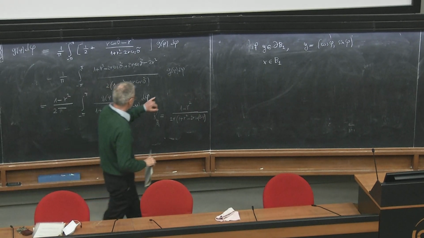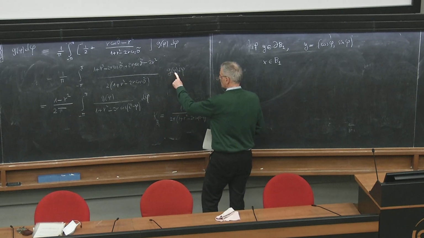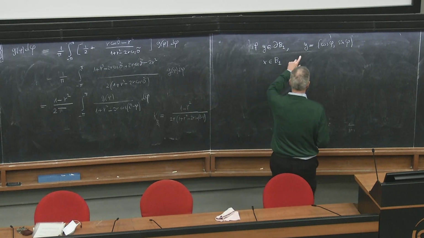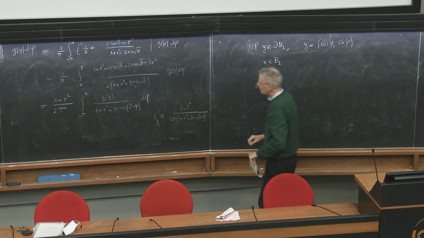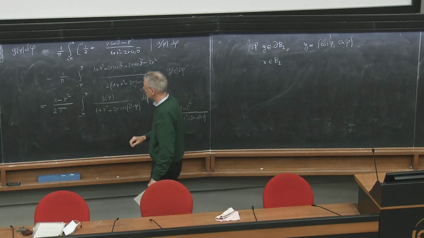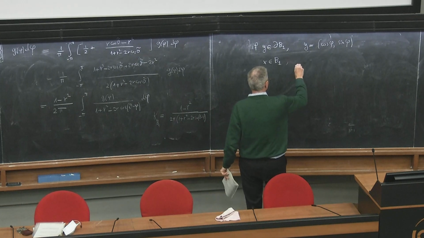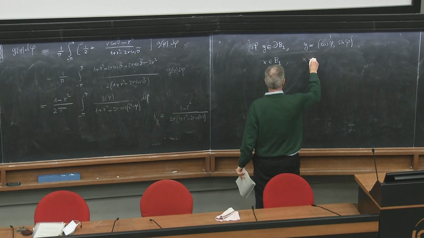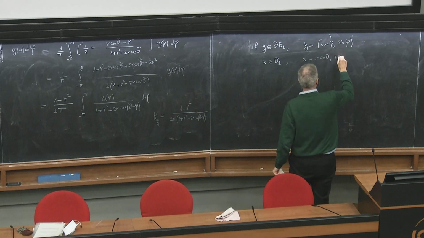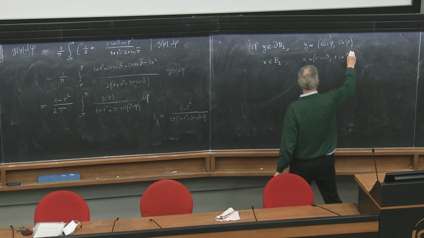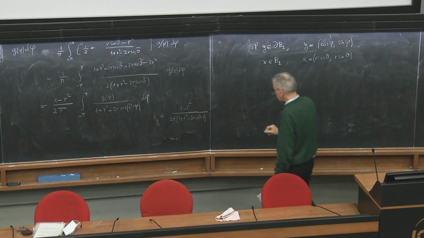So we can write y. Remember that g is the value of u on the boundary. So the angular coordinate of y should be phi. The angular coordinate of x should be theta. So x is r cos theta, r sin theta.